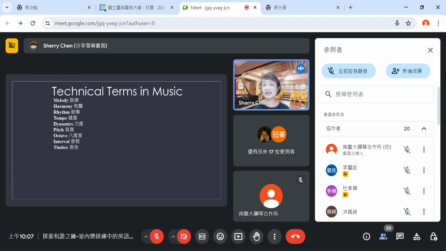Timbre 这个字非常非常重要，尤其我们在讲音色的时候，这个字是比较难念，它不是 timbre，大家要稍微注意一下，它是念成 tamber 的音。Okay. Measure 小节, beat, note, legato, staccato, fermata, syncopation, articulation.